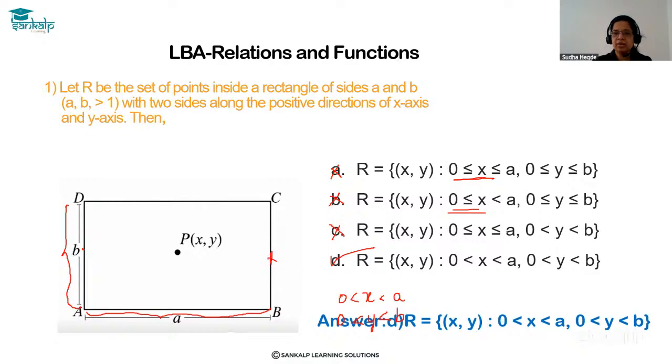Suppose the point is on the boundary of the rectangle, anywhere here, then here it will be less than or equal to.